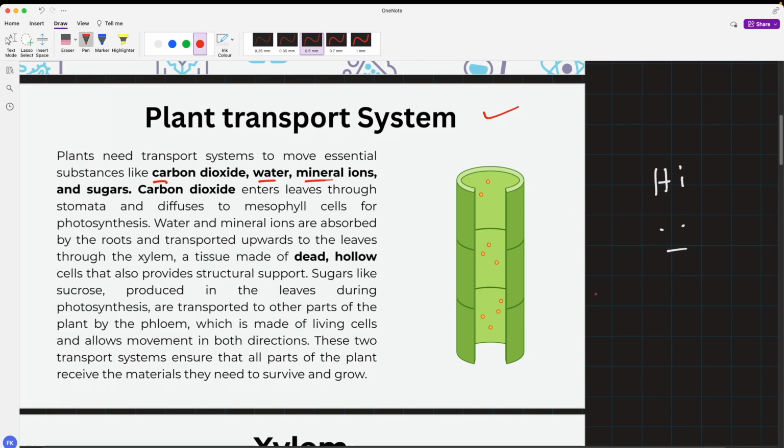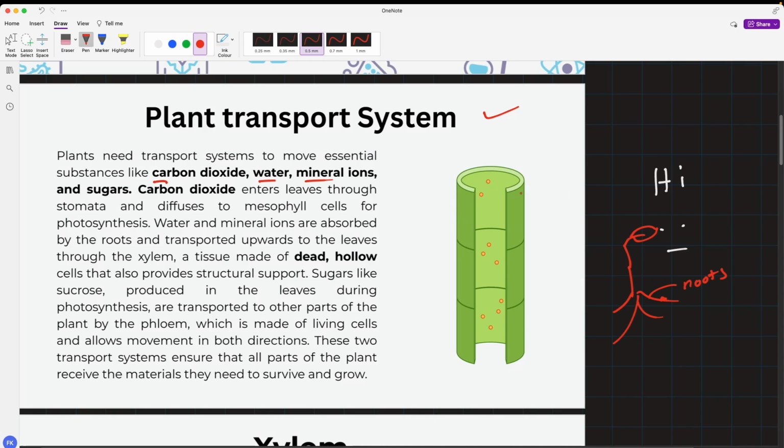Water is absorbed by the roots and transported to the leaves, where it is used for photosynthesis to make glucose, and water is moved through the xylem.